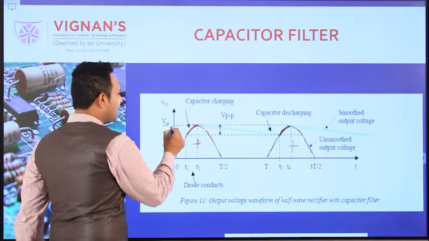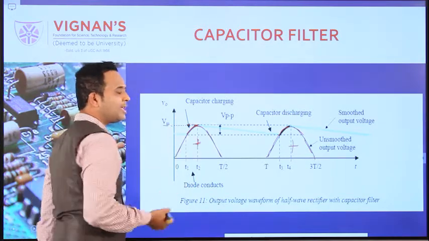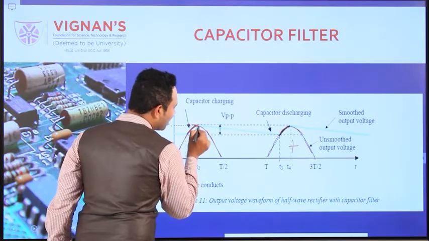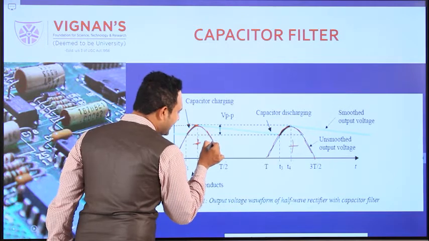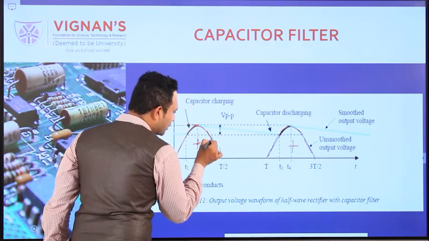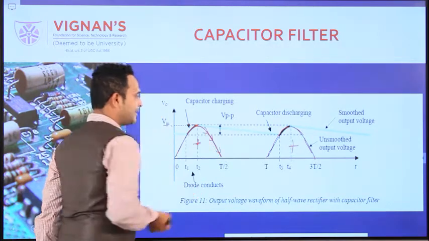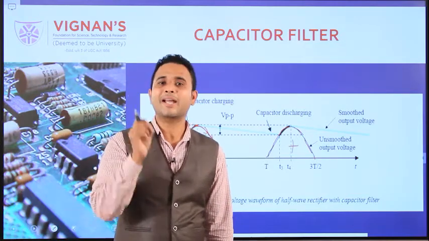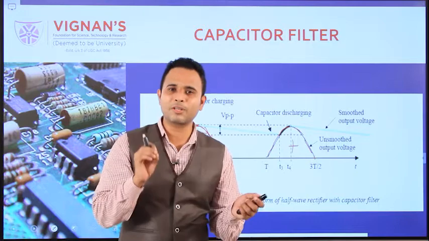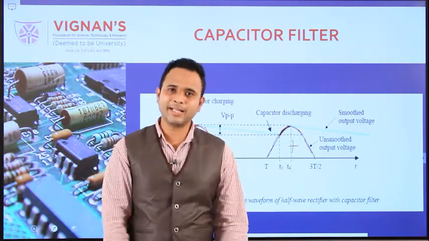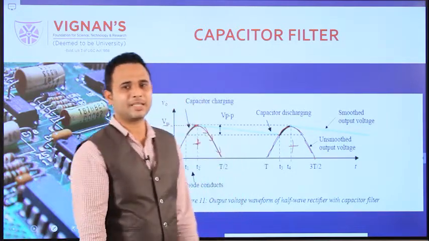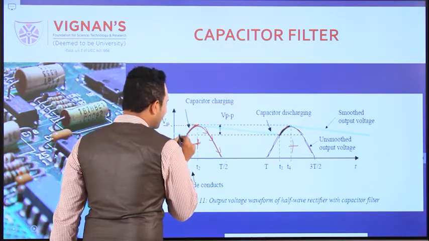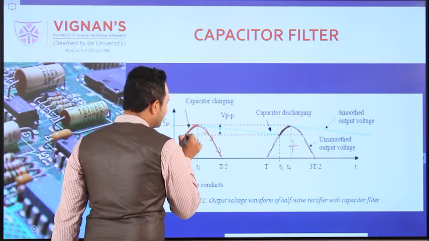From here, our positive peak is decreasing. When the positive peak decreases, the capacitor discharges. So up to the maximum voltage, the capacitor charges.